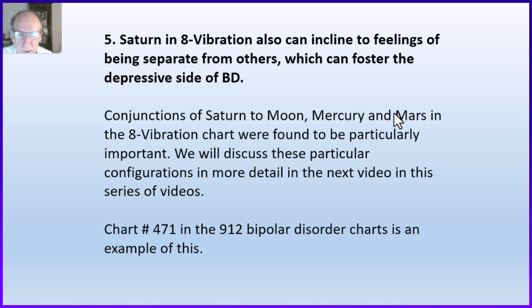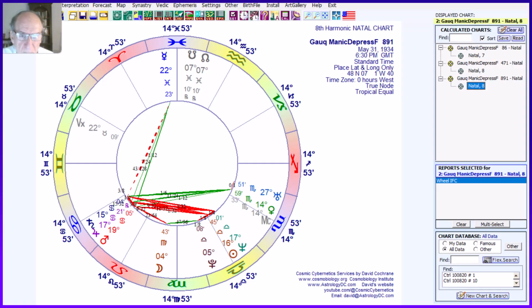Again, I'll talk more about the details of the AstroSignature in the next video, but I want you to get a feeling of what these astrology charts look like. You look at the 8 vibration chart, you see Jupiter really involved like this. There's something pulling the person to engage in life, travel, have a large social group.